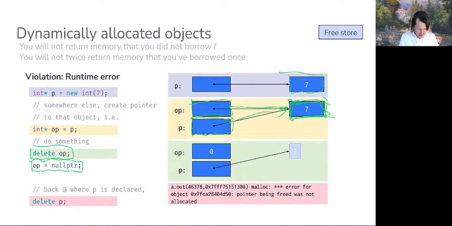So we call delete on the address stored in P, which is the address of that once existing integer object who once stored 7 for us. And at this point, we'll observe a runtime error, and the message again is clearly communicating that the value we're attempting to free was not allocated for.